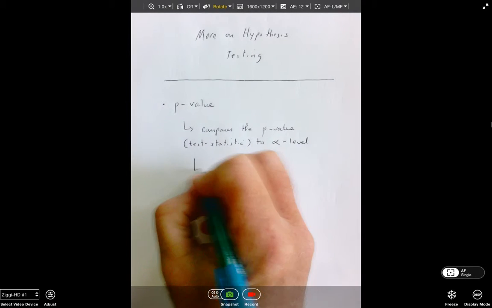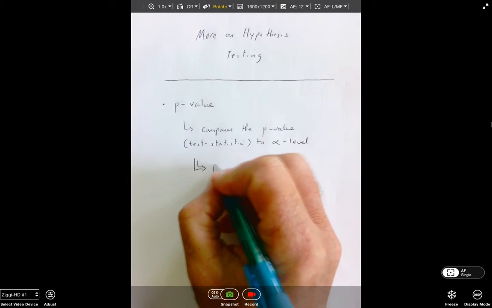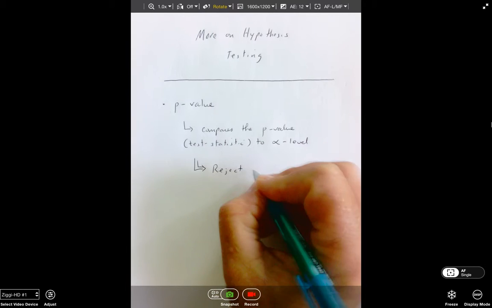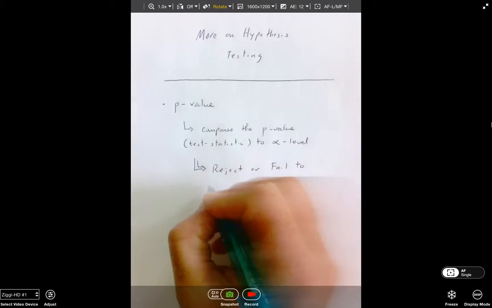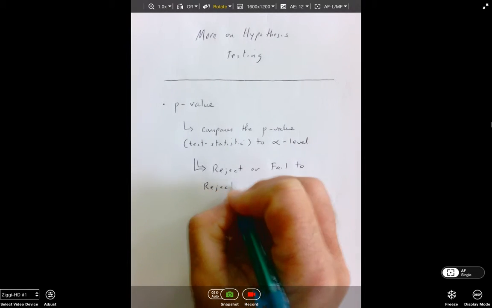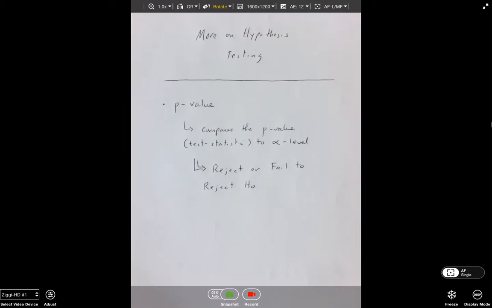And from this, we make one of the following decisions. We either reject or fail to reject a null hypothesis.